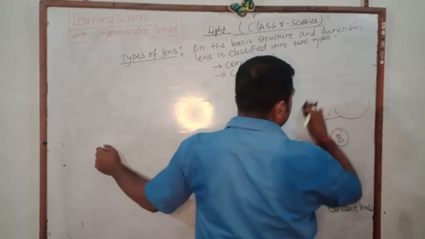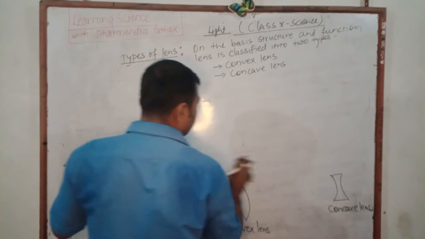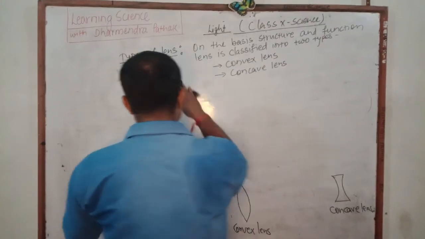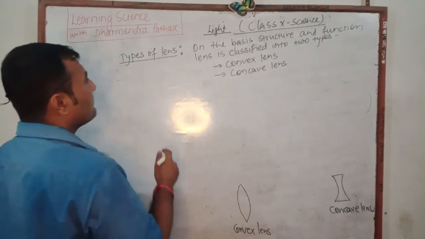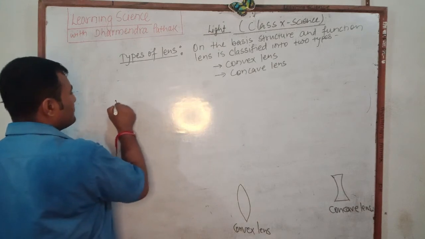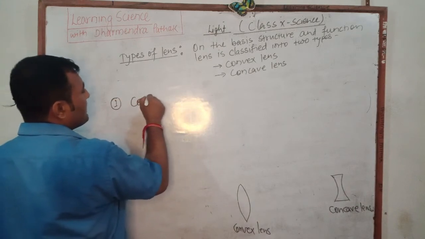Due to that nature, refraction takes place at different angles and it is so different in nature. At first we describe convex lens.